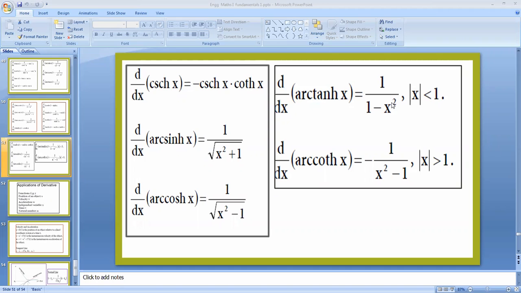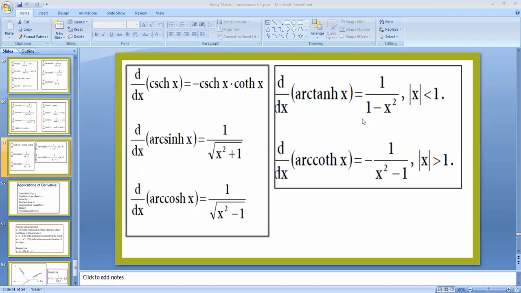Solve this quadratic for t, get two roots, select any one, and then get the derivative of tan hyperbolic inverse of x.